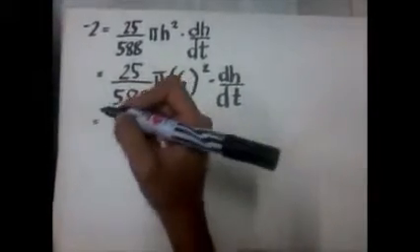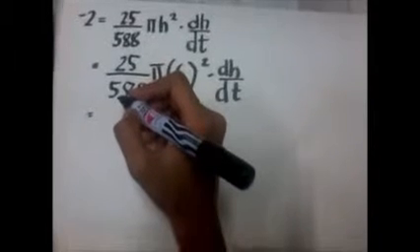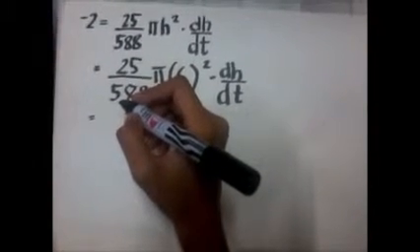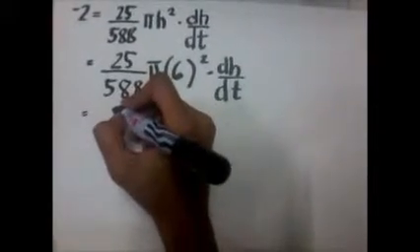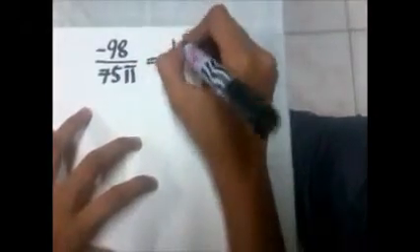So we have the answer: our dh/dt is -98 over 75 π.